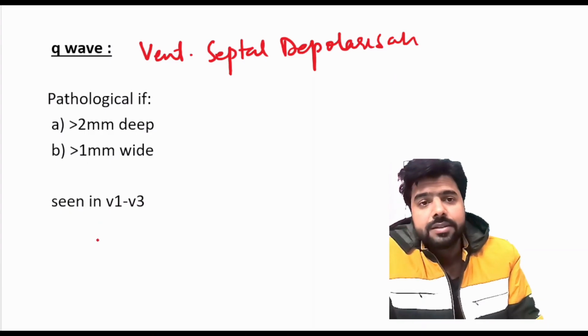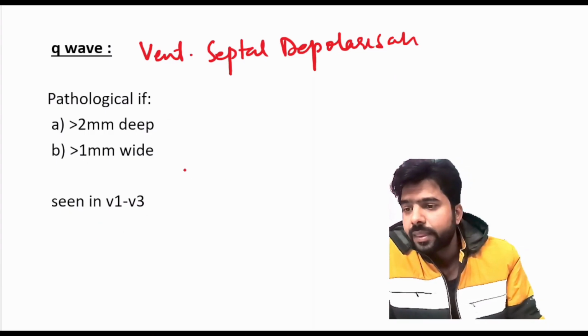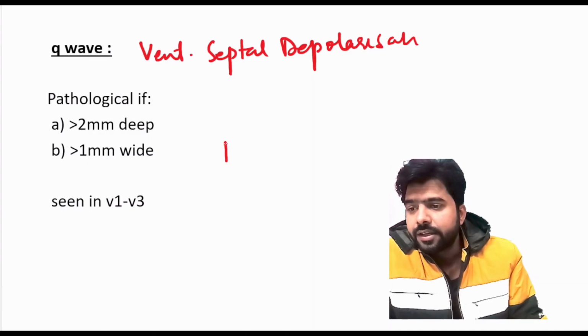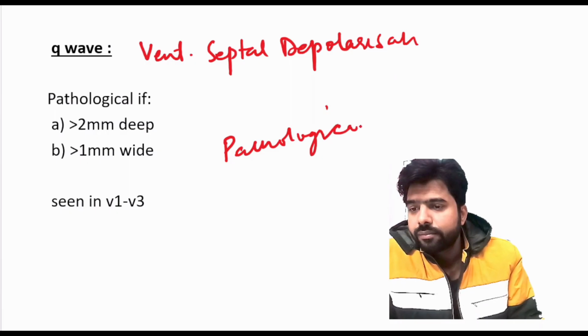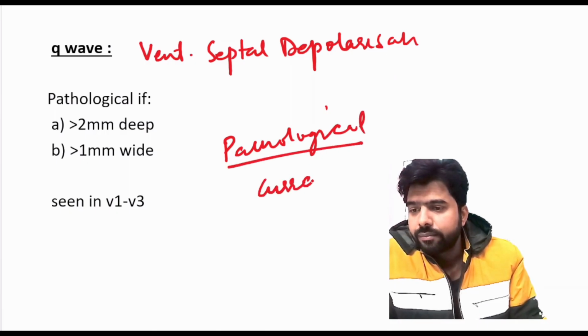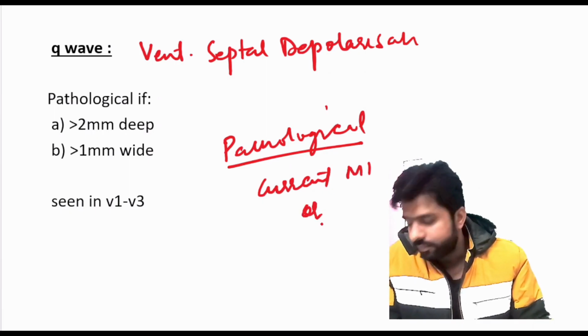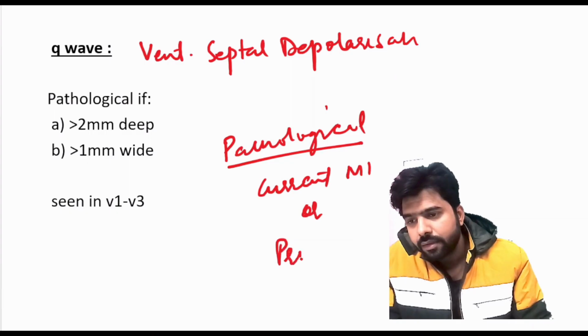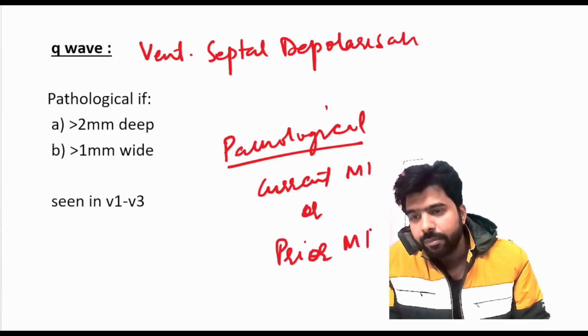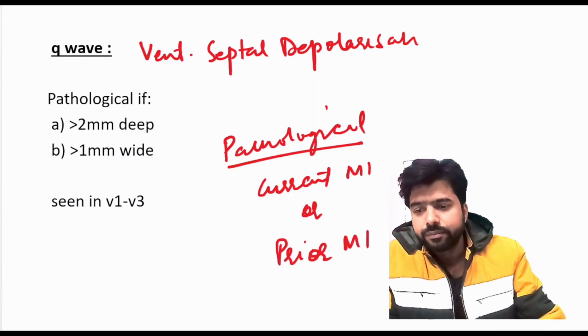It is typically seen in V1 to V3 chest leads, and it is considered pathological in current MI or prior MI. Okay.